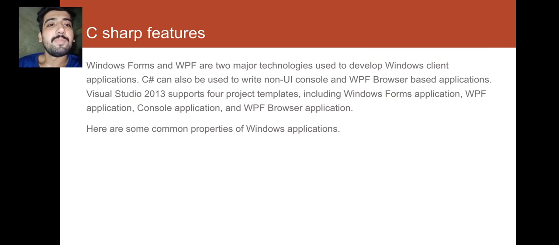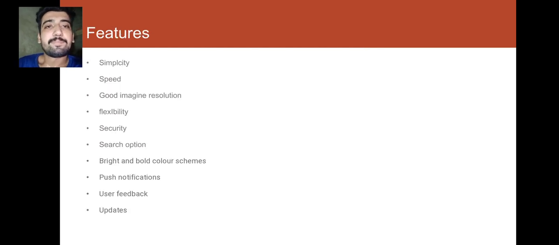C Sharp can also be used for writing Windows Forms applications with Visual Studio, as well as WPF applications. These are the features of Windows applications: small size, speed, good image resolution, and searching operations.